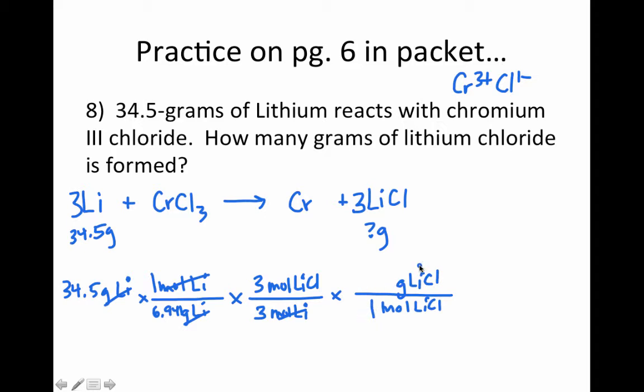Molar mass of lithium chloride 6.941 plus 35.453 gives me 42.39. Do the math here. 34.5 divided by 6.941 times 3 divided by 3 times 42.39, and I get 211 grams of lithium chloride.